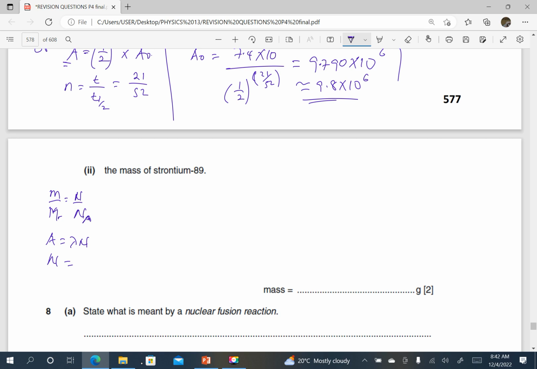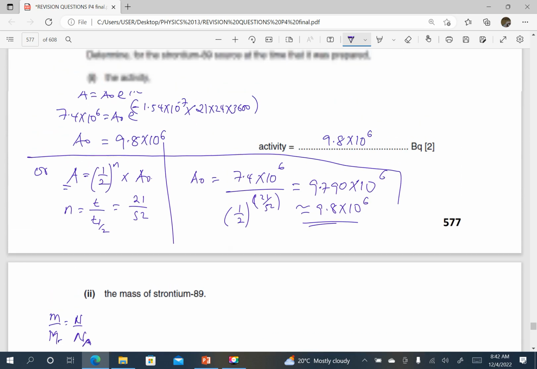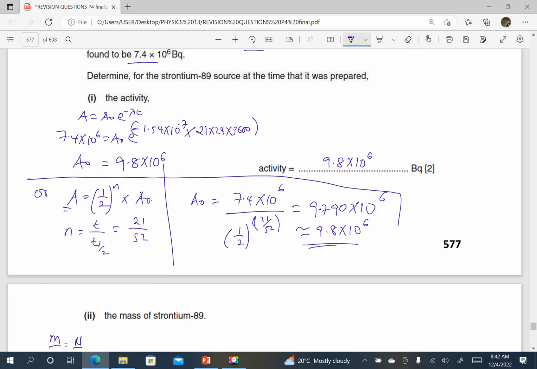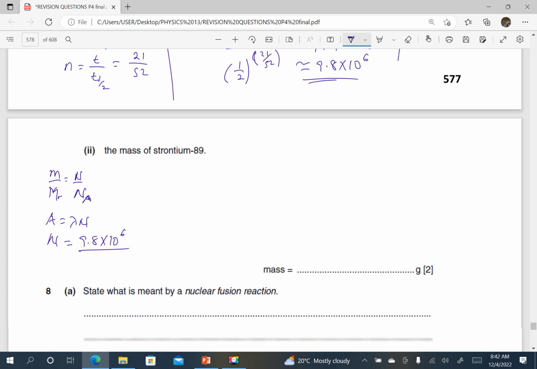So n is equal to the activity, which is 9.8 times 10 power 6 divided by, remember, this was the initial activity. So we want to find the mass when it was prepared. So n is going to be 9.8 times 10 power 6 over the decay constant, which we found as 1.54 times 10 power negative 7, that is n.